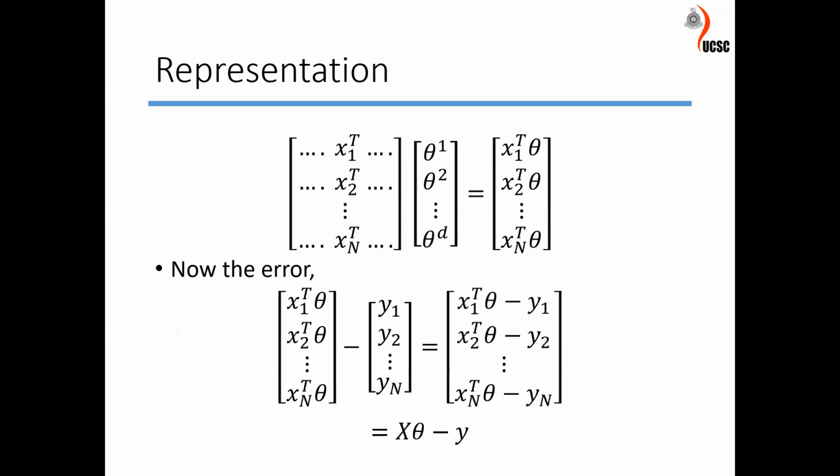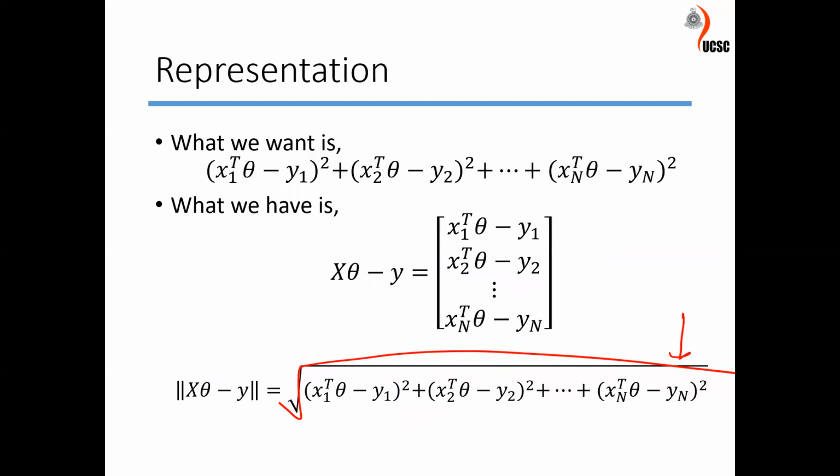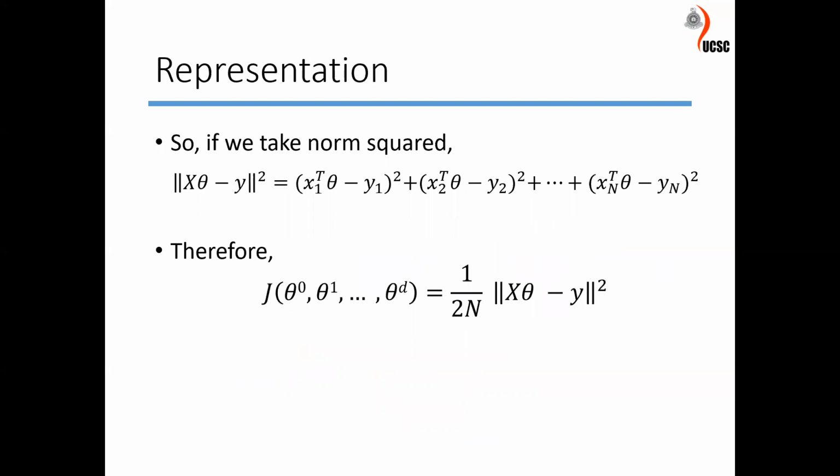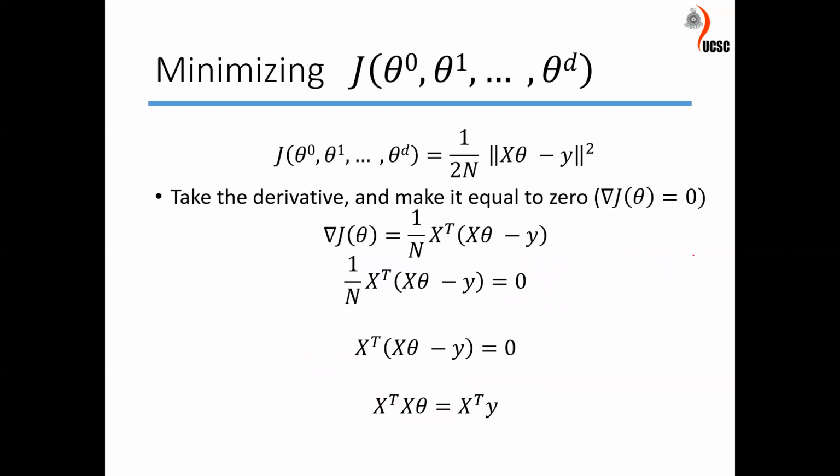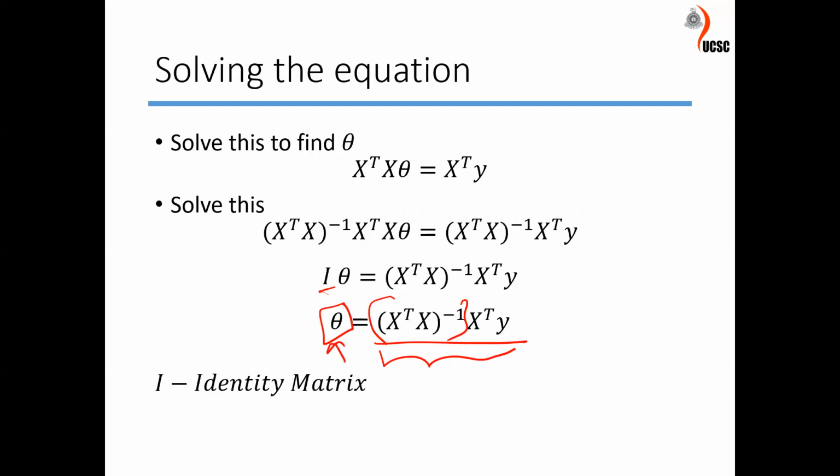Then we discussed how to get there by using the norm. We did some transpose and some multiplications and ended up in some place like this. We did all those things to make our calculation much simpler.